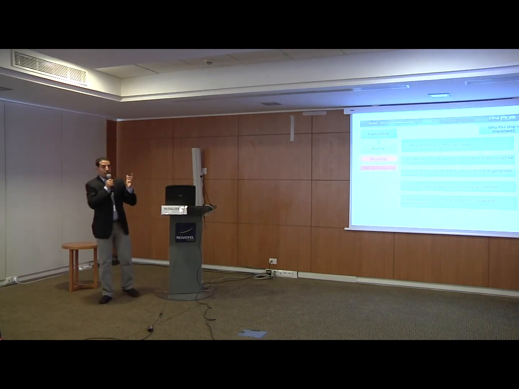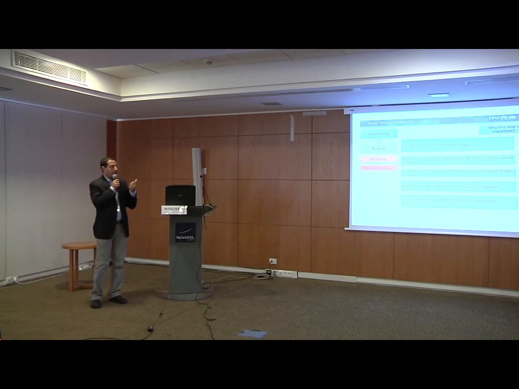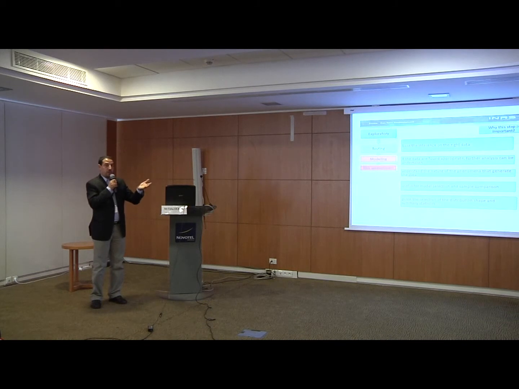So the first step is exploratory analysis. Why is it important? It allows us to base the inference on the right data. This is the first thing. If we find that the data are appropriate and of good quality, we can go further with other analysis.